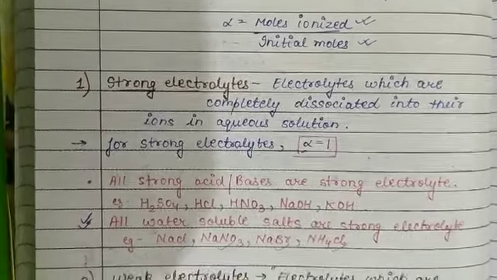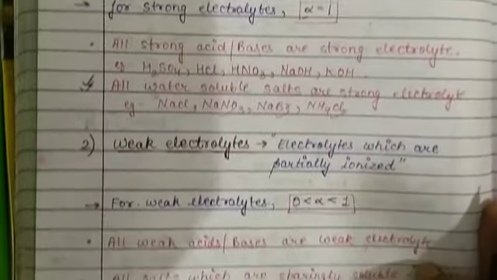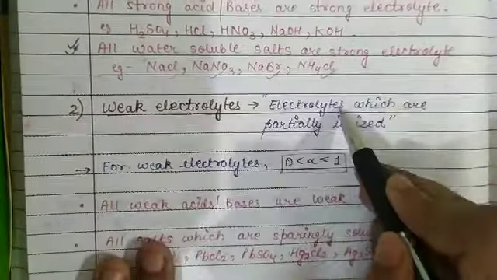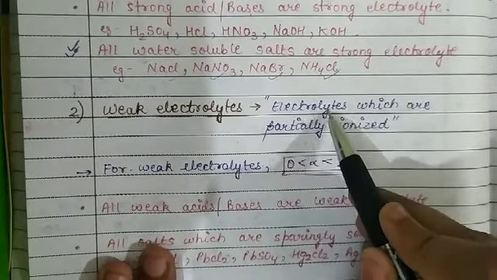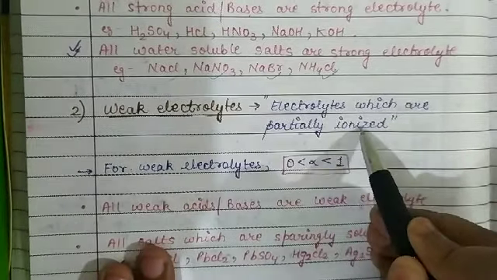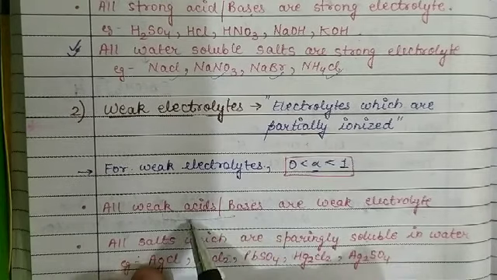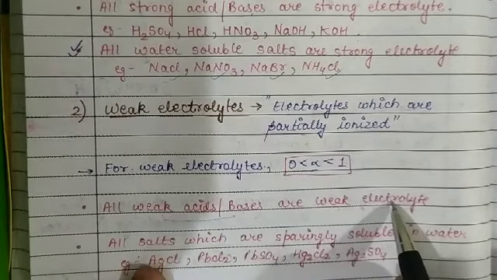What are weak electrolytes? Weak electrolytes are the electrolytes which are partially ionized. For weak electrolytes, the degree of dissociation lies between 0 and 1. All weak acids and bases are weak electrolytes.